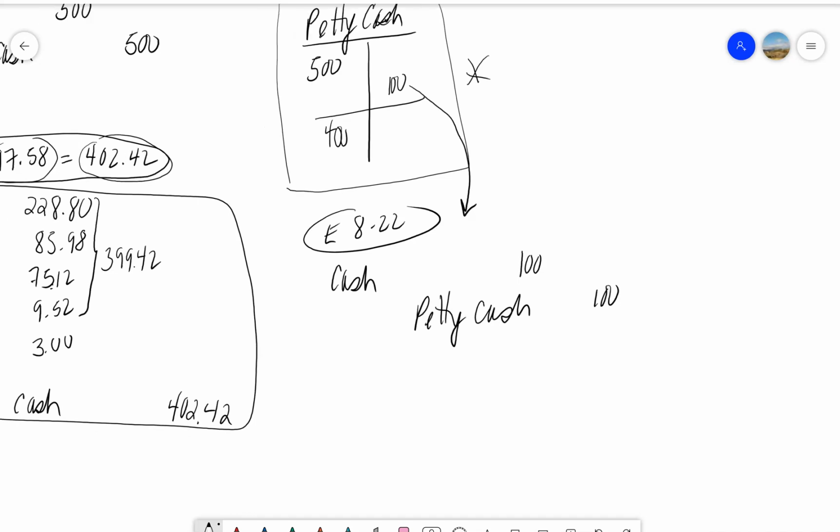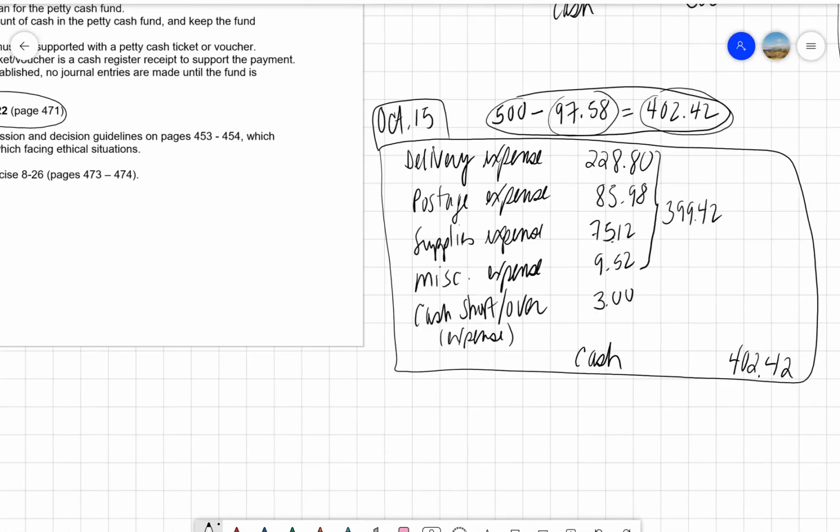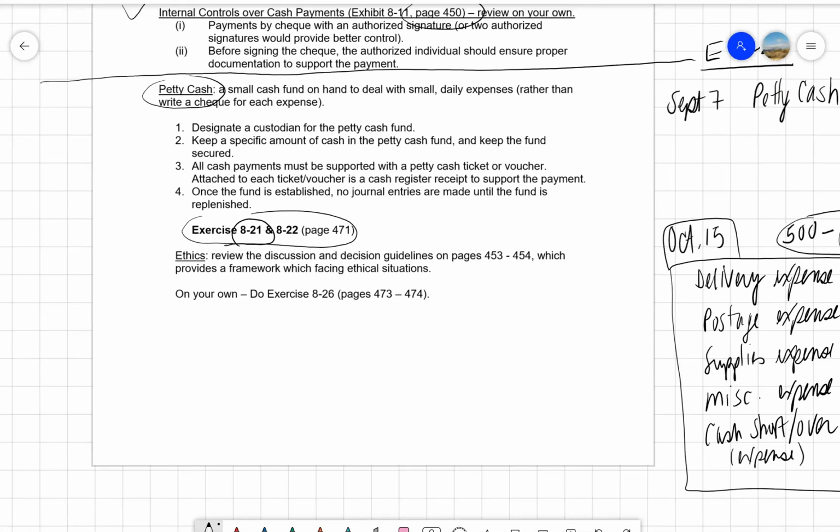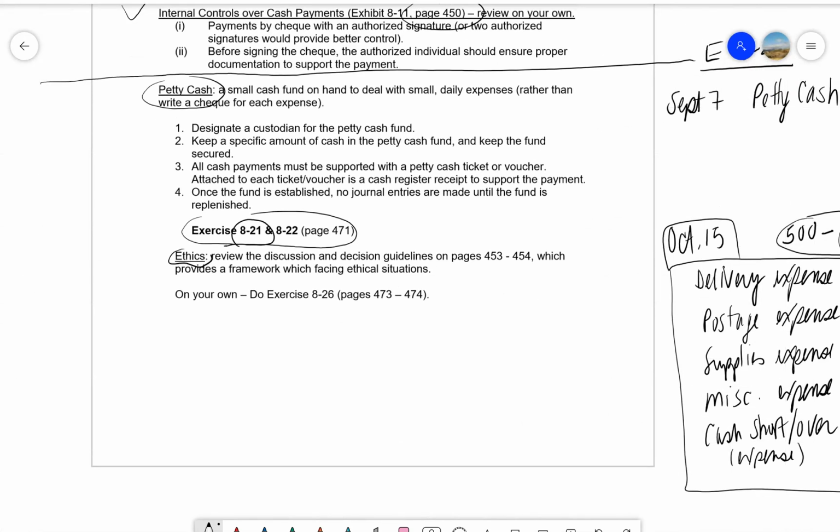A couple of things to wrap up. If we go back to page 3 of our Chapter 8 handout, the textbook also talks about some ethical guidelines on pages 453, 454. So just read those as well. That basically just gives you a framework if you're an employee or if your company is dealing with an ethical dilemma, to work through that ethical dilemma.